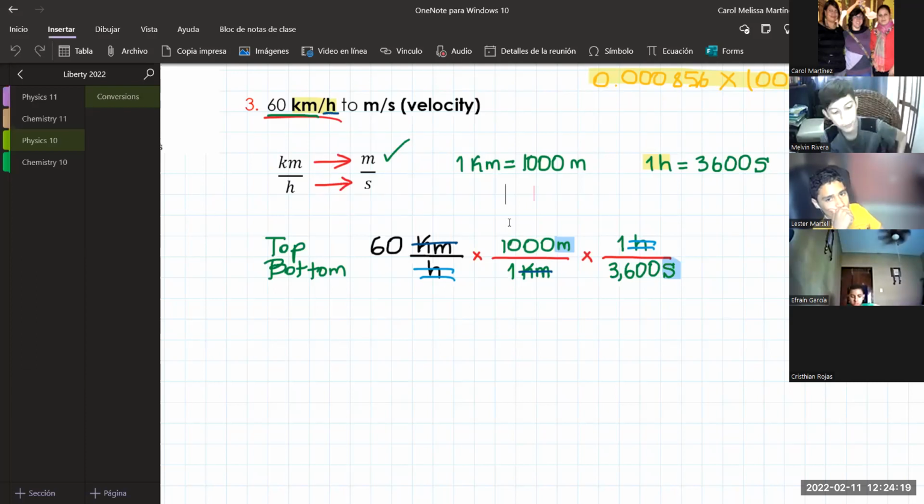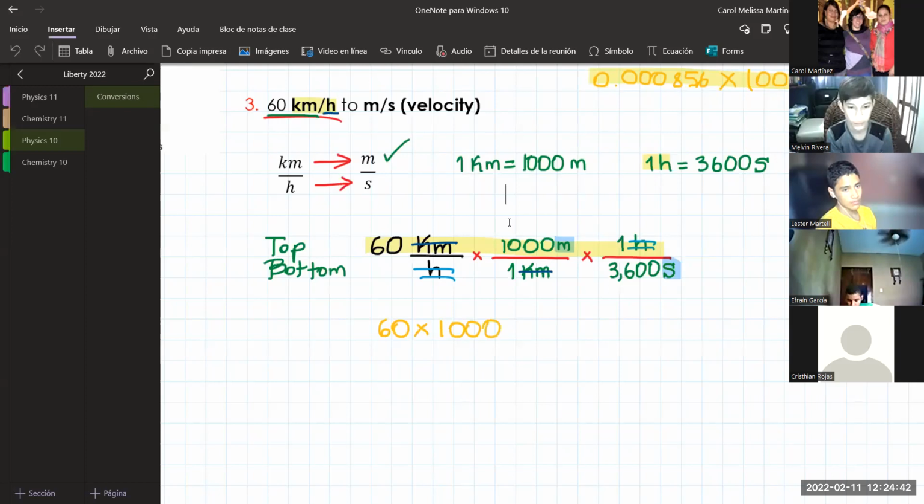Now in your calculator, remember, everything in the top is going to do multiplication or division. Multiplication, okay? So above, you're gonna have multiplication of 60 times 1,000 times 1.